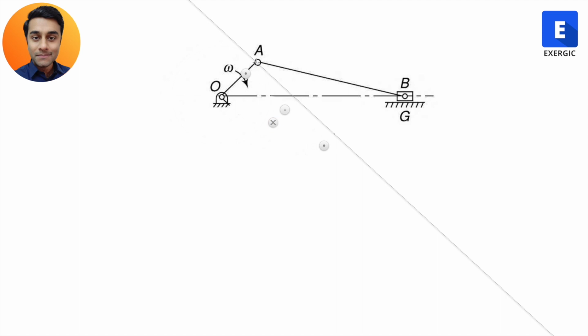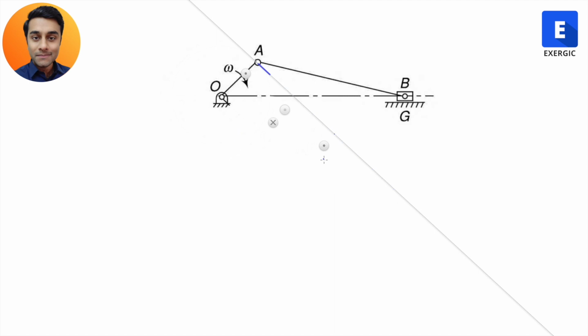You cannot draw velocity in some random direction which is not perpendicular to OA, but it is allowed if you are not able to get exactly 90 degrees. You will realize it very soon. So this is the line along which the velocity of A should be going, right?